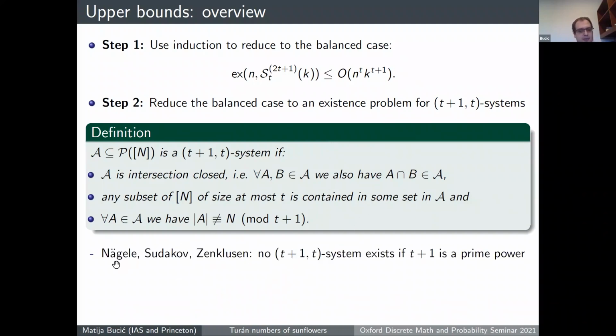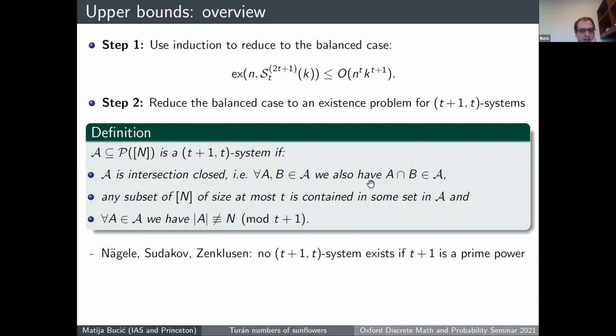So for example, in a paper of Nagel, Sudakov, and Zenklusen, in which they were looking at a certain submodular optimization problem, so nothing to do with sunflowers or extremal graph theory, they also reduced their problem to the existence of such objects. And in the process, they also proved that they do not exist whenever t plus 1 is a prime power.